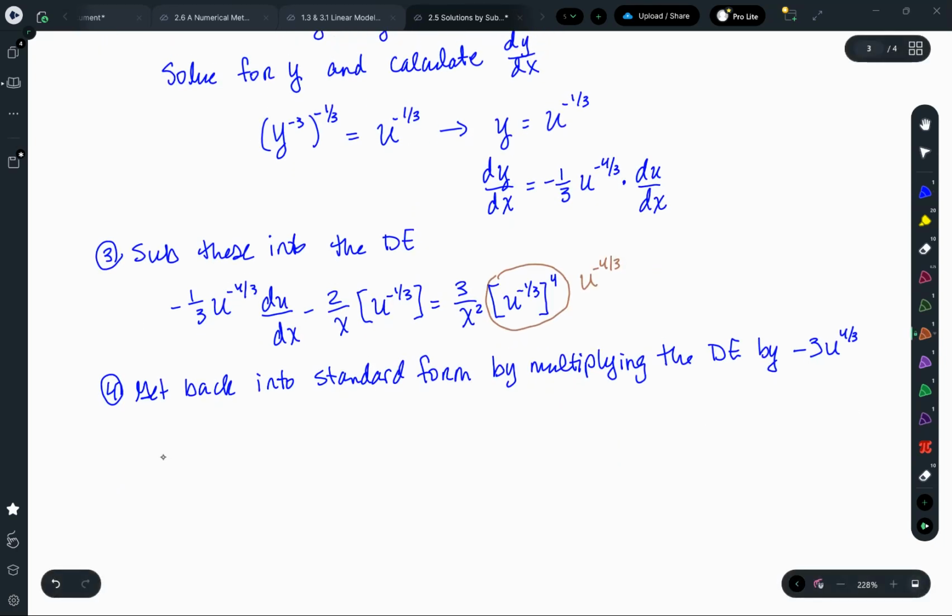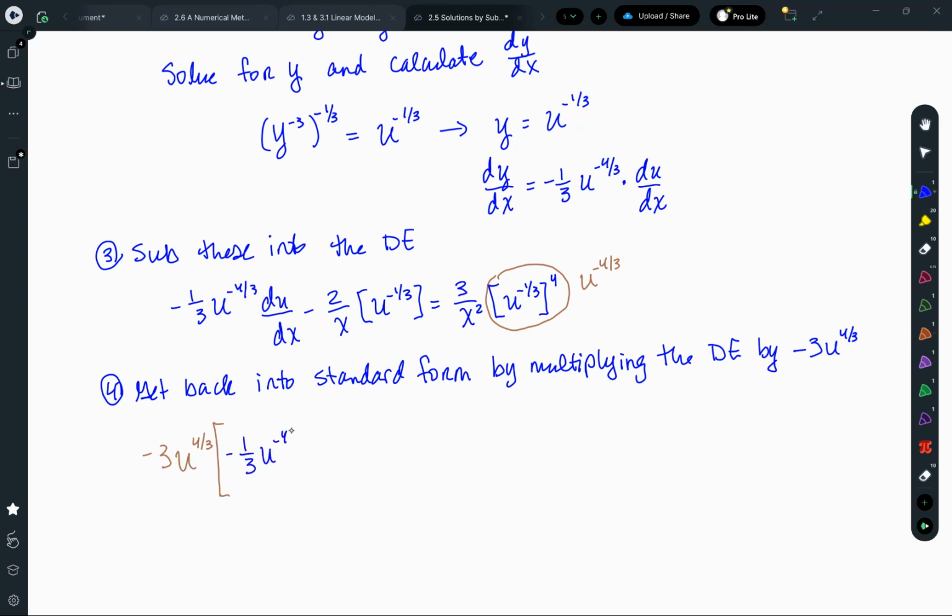So I've got my negative 3 u to the positive 4/3, and that's going to multiply into this: negative 1/3 u to the negative 4/3 du/dx minus 2 over x u to the negative 1/3 equals 3 over x squared u to the negative 4/3.